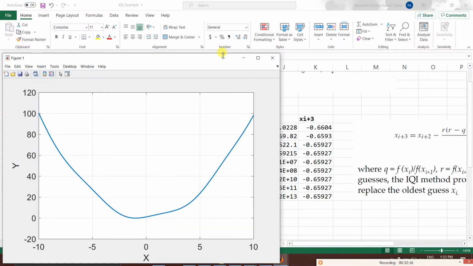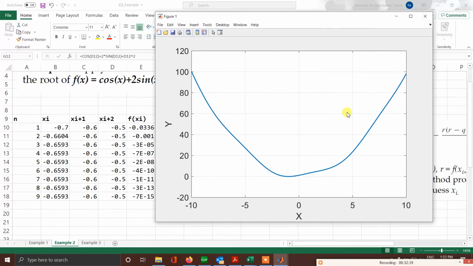We already know the solution because we used the secant method previously, and it's minus 0.665927. So it's about 0.6. Then we have to give initial guesses that are very close to the solution. In general, what I did is just give 0.7, 0.6, 0.5.